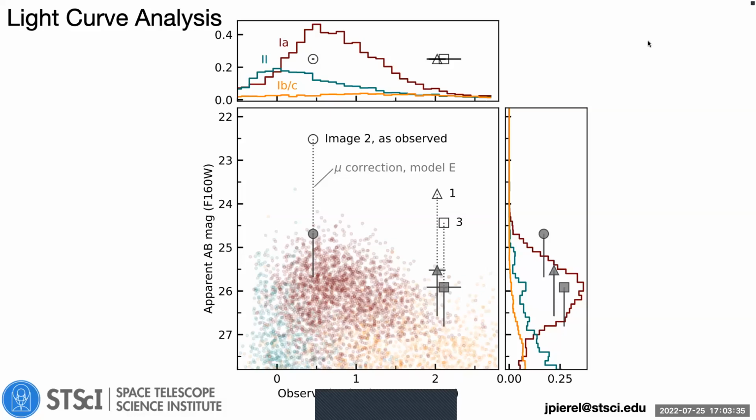So basically, we did a bunch of simulations, including things like dust distributions and luminosity functions for each of these. And the idea basically became that, while each of these images could sort of be fit, you can see up here, type II and Ibc are not ridiculously off from this first image, but none of them can really get as red as this is.